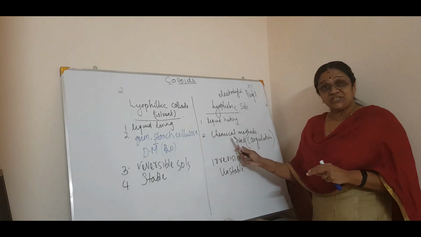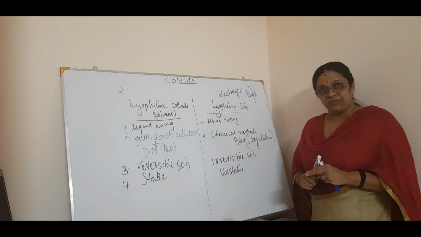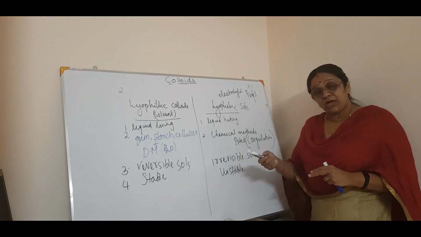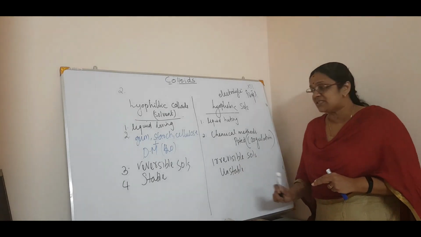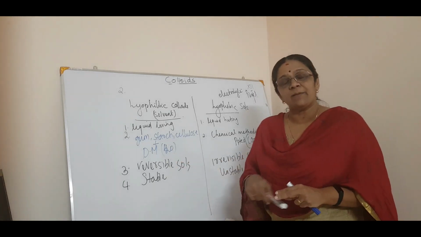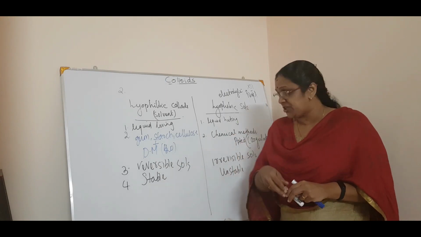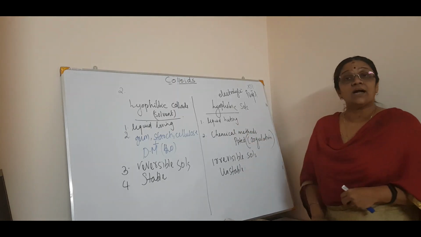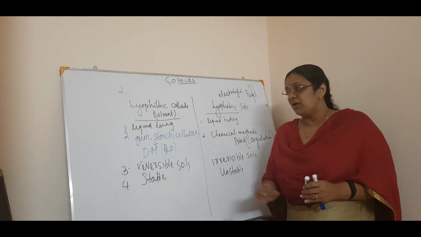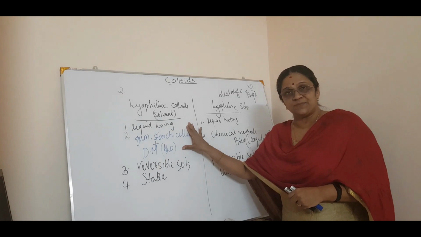Here special chemical methods are needed. Once it gets precipitated or coagulated, it cannot be reverted back, that is why it is called an irreversible sol. Here, it can be reverted back by simple heating or evaporation. Lyophilic is stable in nature, whereas lyophobic is unstable in nature. So I hope you are clear with this portion.